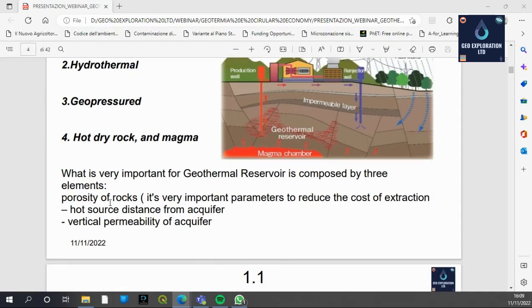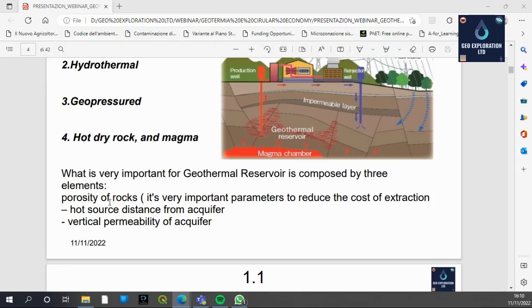What is very important to understand is that the geothermal reservoir is composed of three elements, including the porosity of rocks, which is a very important parameter to reduce the cost of extraction and to use the system very efficiently and improve the geothermal system.